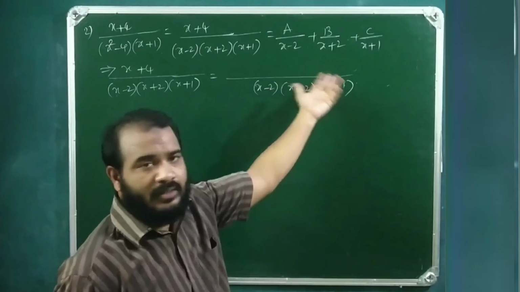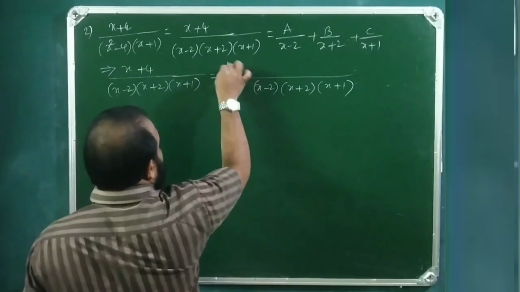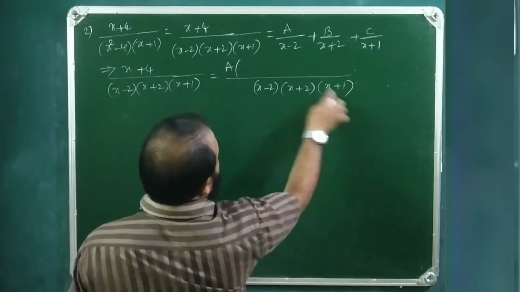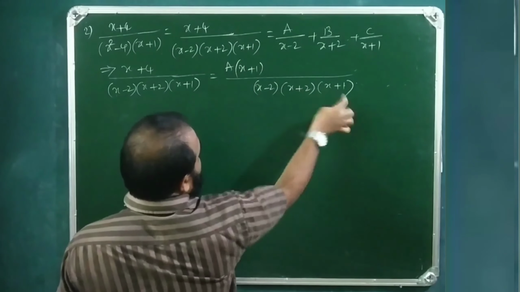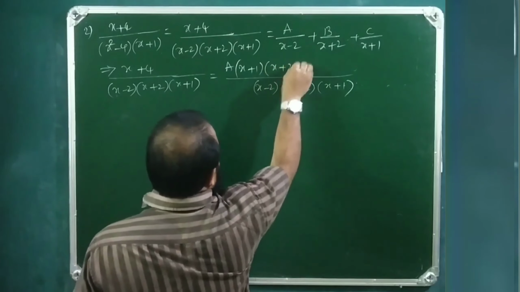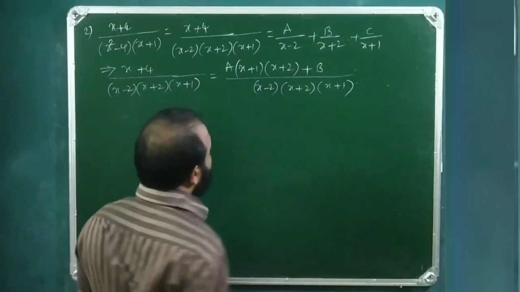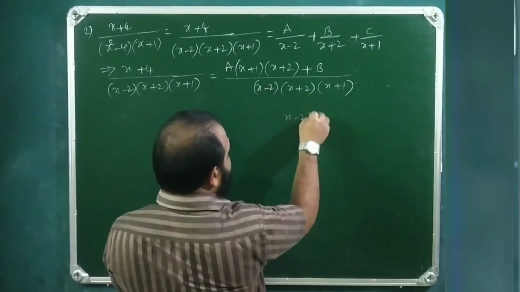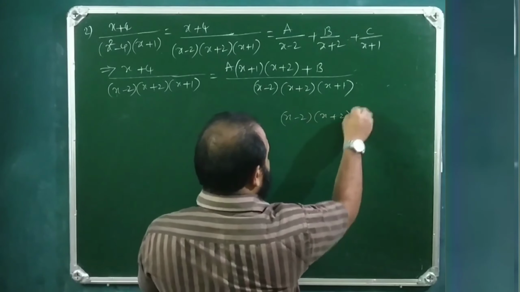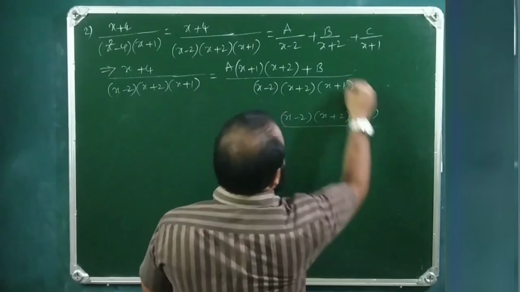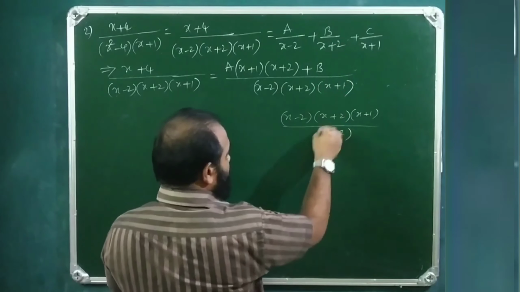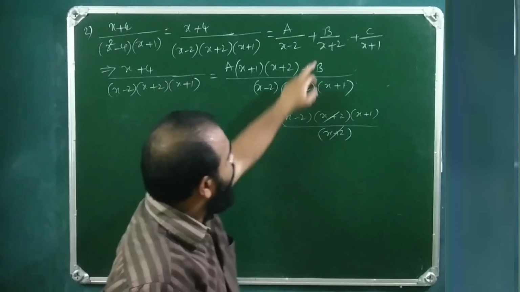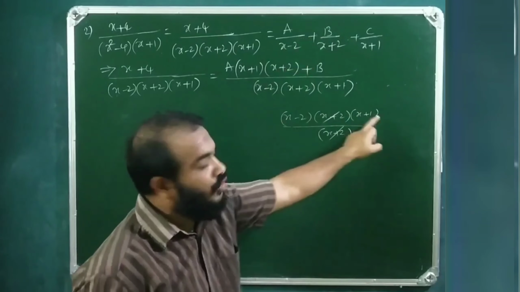This is just LCM I am finding. So a into x plus 2 into x plus 1 plus b into x minus 2 into x plus 2 into x plus 1 by x plus 2. So we will get b into x minus 2 into x plus 1.